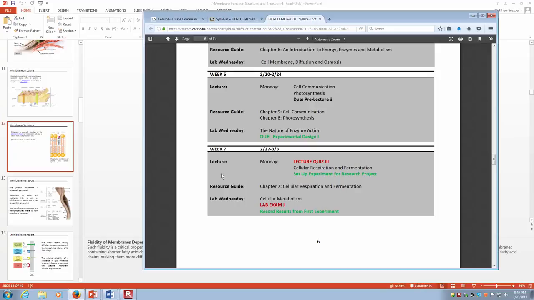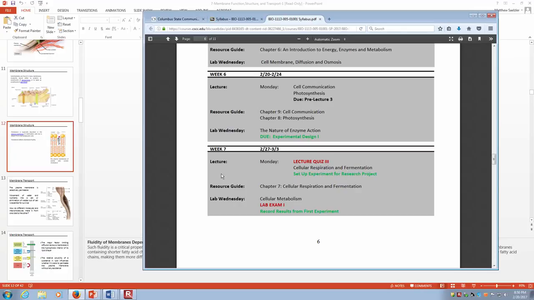Those have enough seeds to set up the experiment, and they're also cheap. So that's what I suggest for the experiment. So you will need to bring seeds into class on Monday, and also you have a pre-lab due on Wednesday.